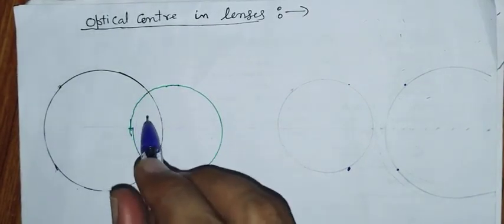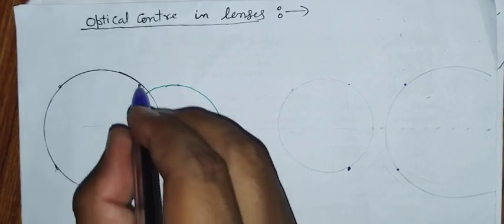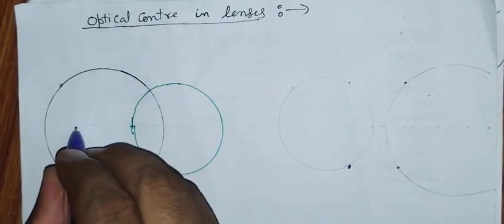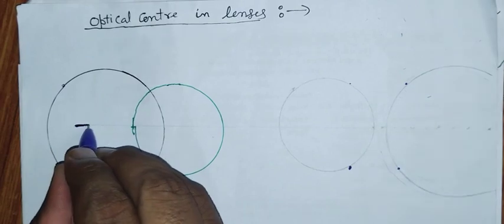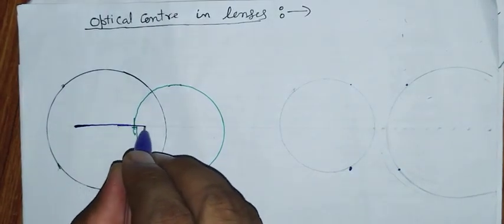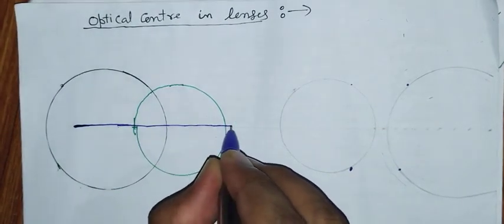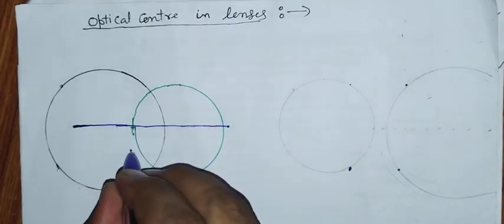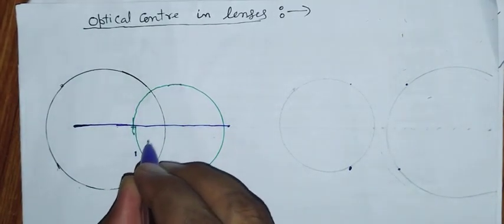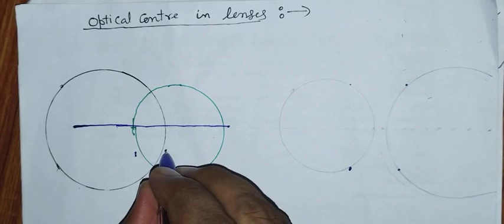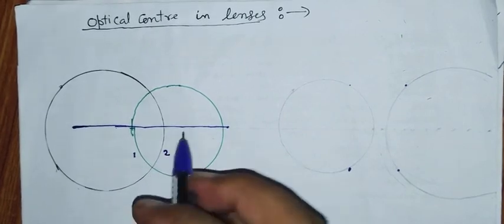Like here in the diagram, a two-dimensional diagram is given. Let us join the principal axis of it. Let this be the first surface of the convex lens and this the second surface.